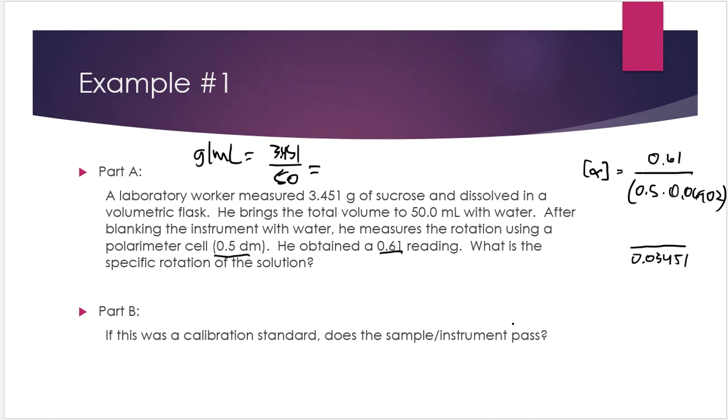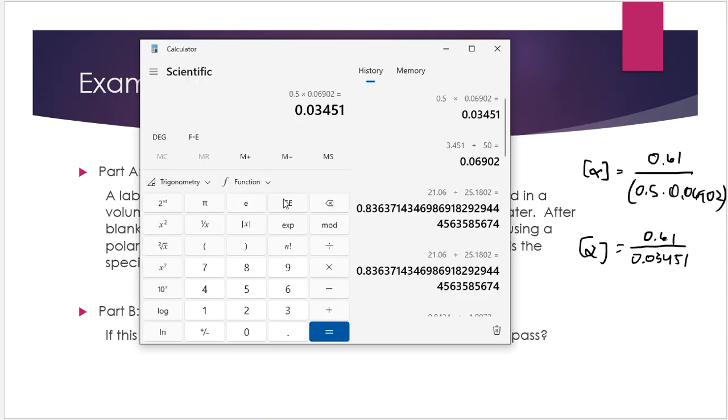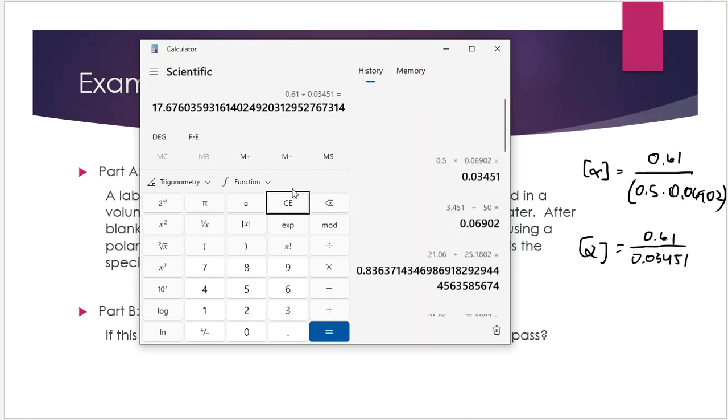That cleans up the bottom a little bit and makes my math a little easier to key into the calculator. So my specific rotation equals 0.61 divided by 0.03451. Enter. Here's our specific rotation.